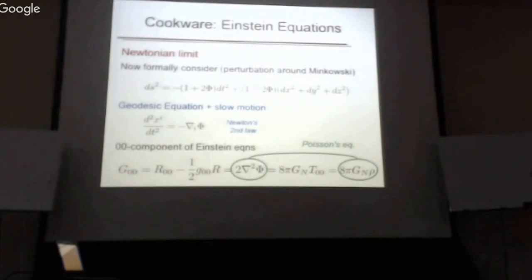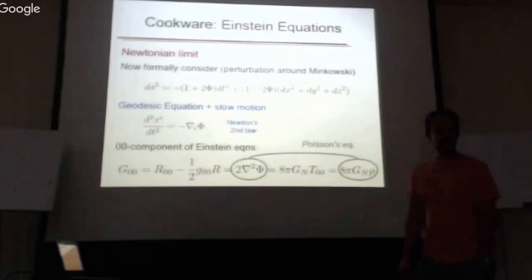What you get is that the 0,0 component of Einstein equation is nothing but 2 times the Laplacian of phi. And then, because the 0,0 component of the energy momentum tensor is this minus rho, what you get is Poisson equation. And then also, you get the geodesic equation.